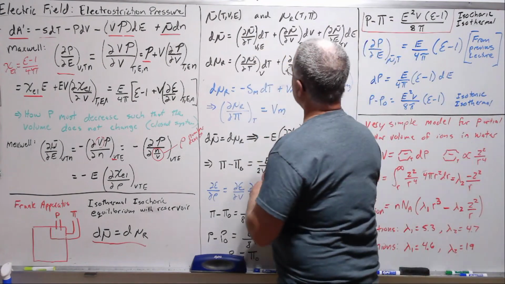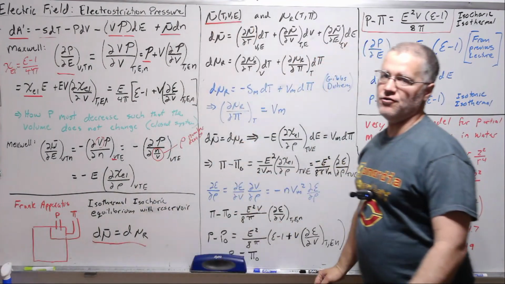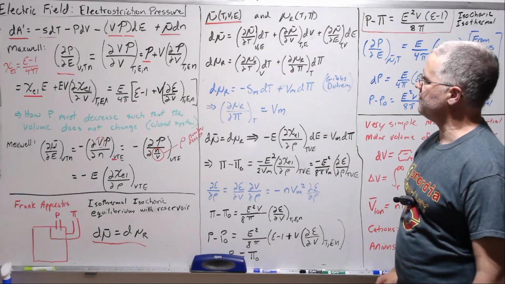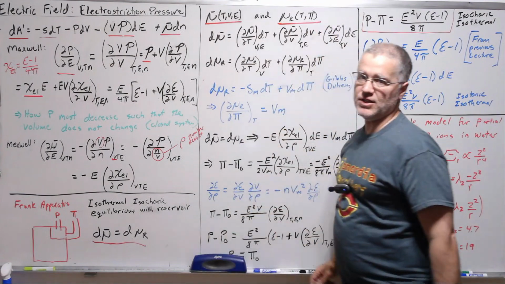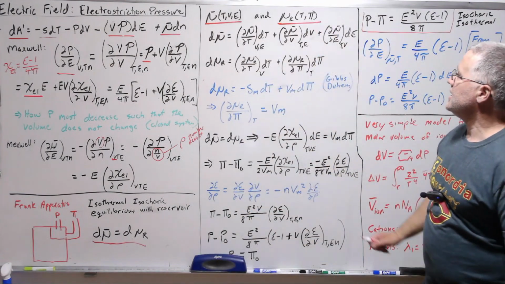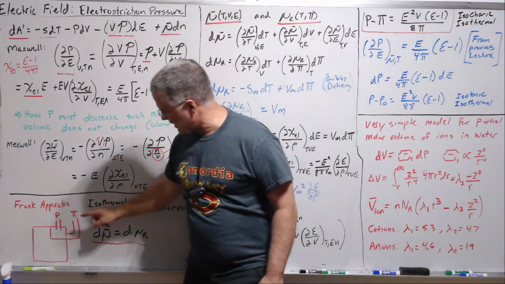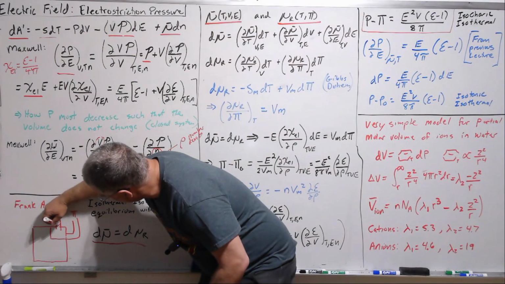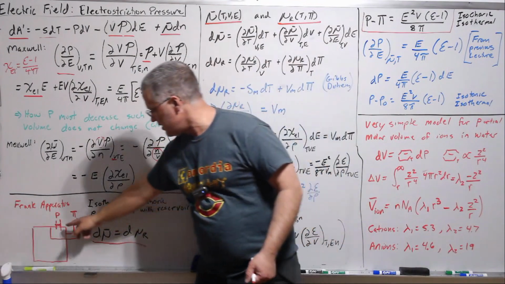All right, well, inside, the full chemical potential is a function of temperature, volume, and the electric field. Outside, the chemical potential of the fluid in the reservoir is a function of temperature and pressure. So let's get our sense here. We've frozen this in place, we put a pin in here, so we can't change this volume.